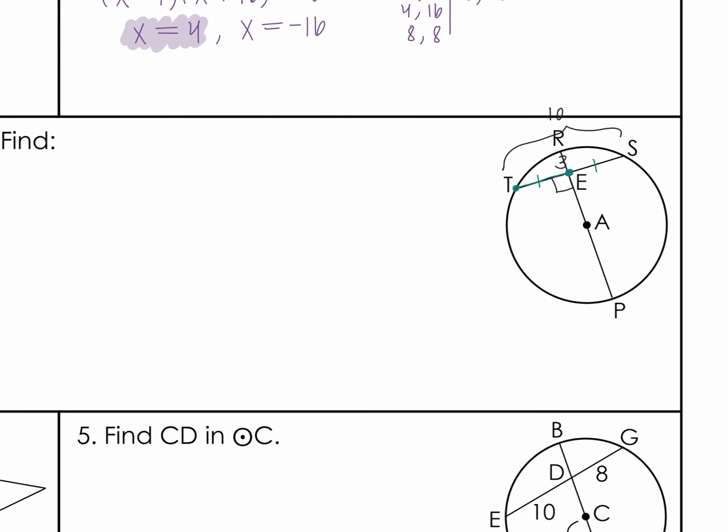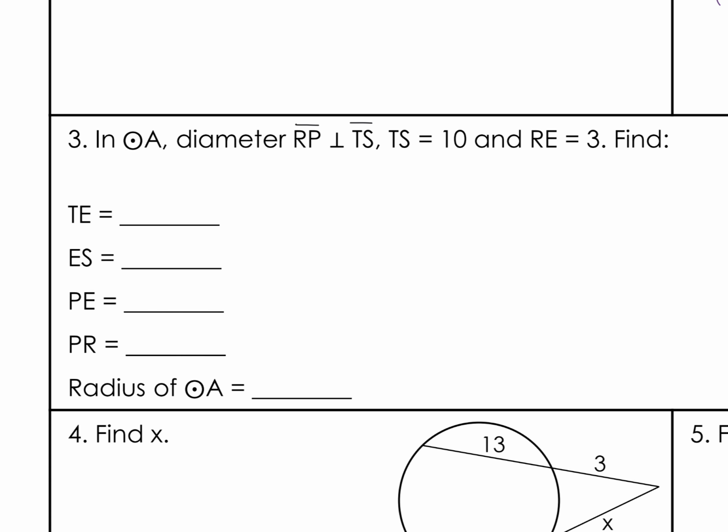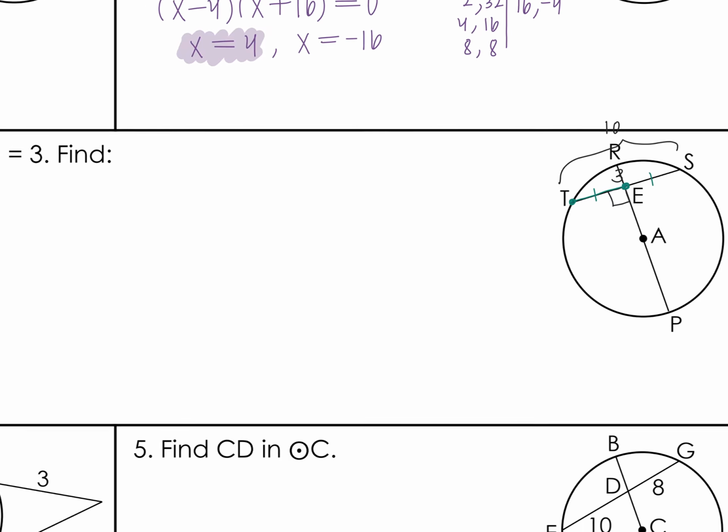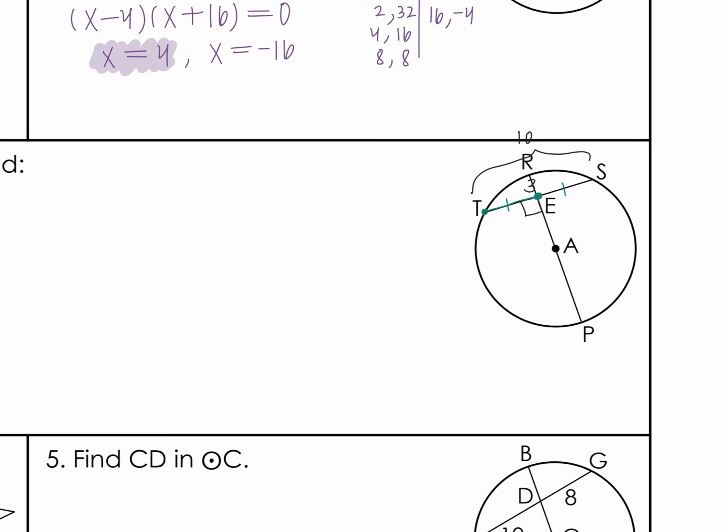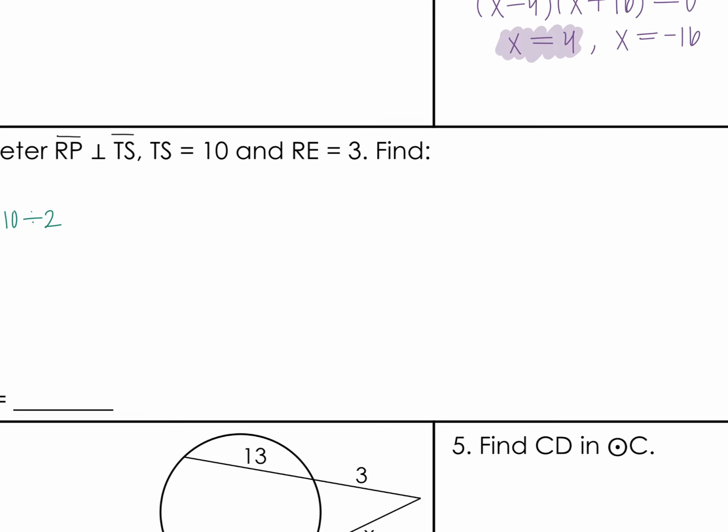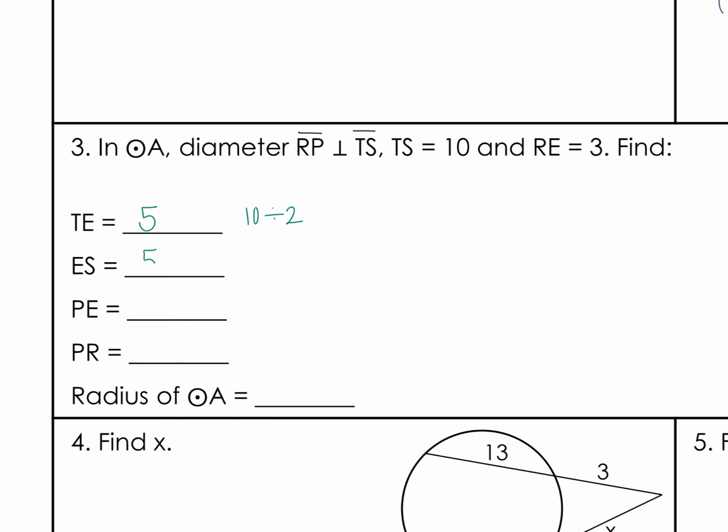And so I'm taking that 10 divided by 2 to get a length of 5. Then finding the length of ES. Okay, ES is once again going to be 5 because we said that it was congruent to TE. And so now I have my first two answers.